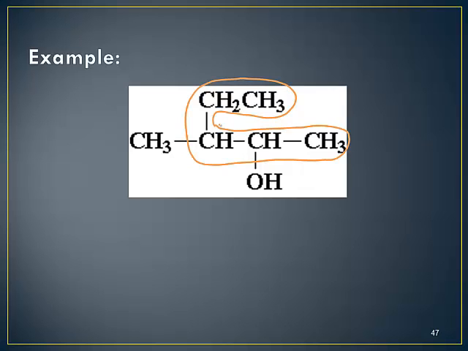That means that this is a pent group. Now, because it is a pent group which only has single bonds between the carbons, this would be a pentane. I'm going to leave off that ending for just a second.